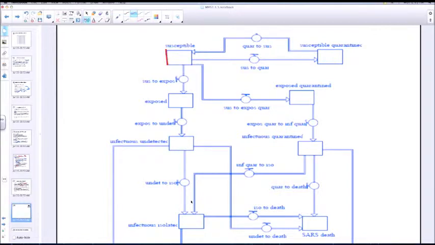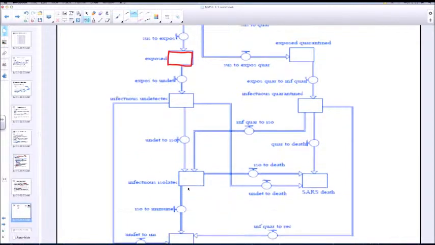This is the group that has the potential to become infected. So we add another one called exposed. And then this is susceptible, a part of it becomes quarantined.